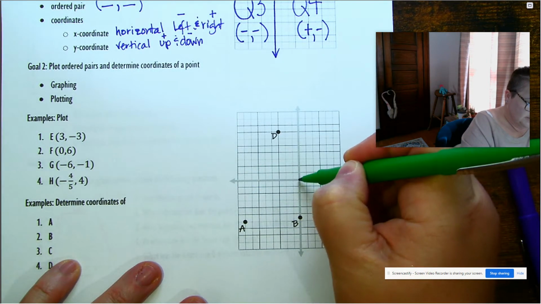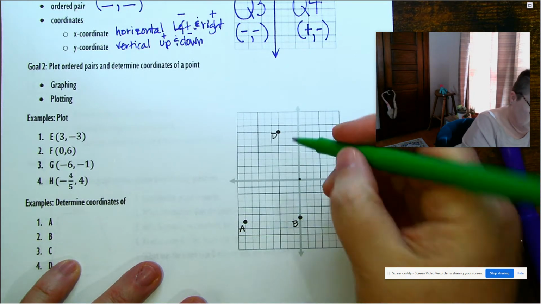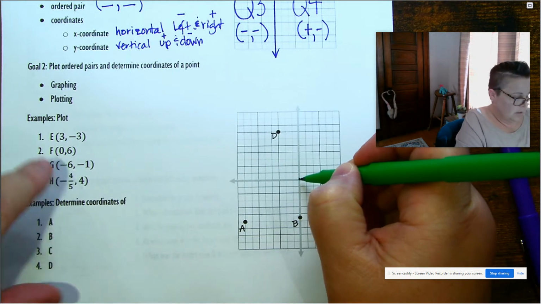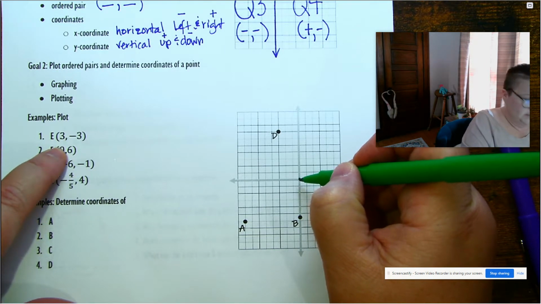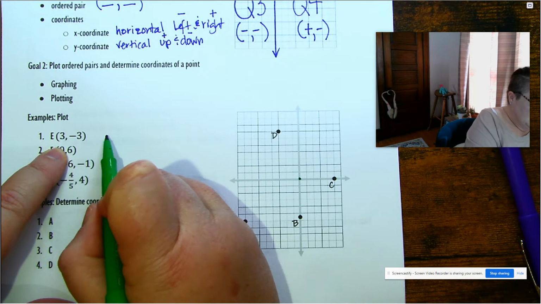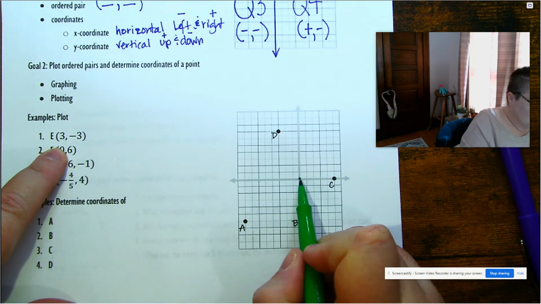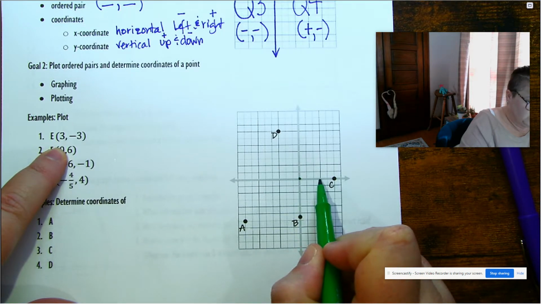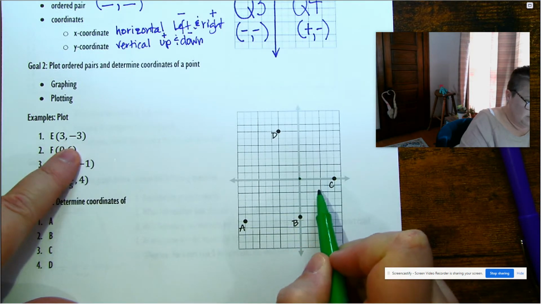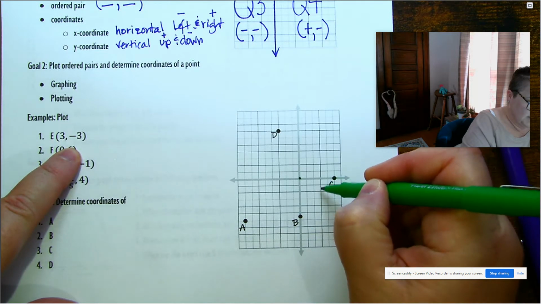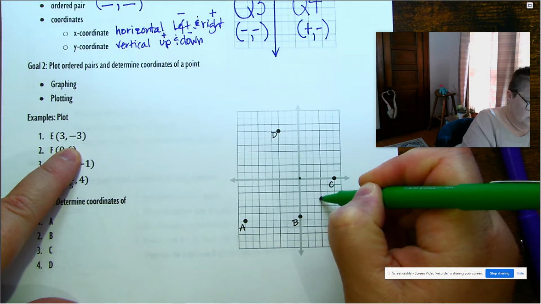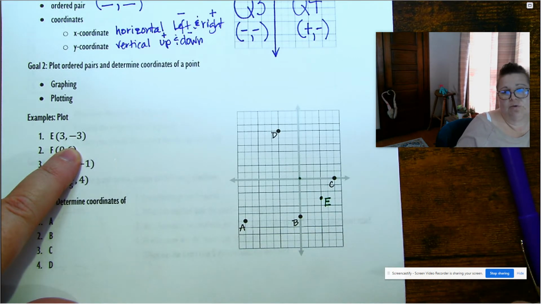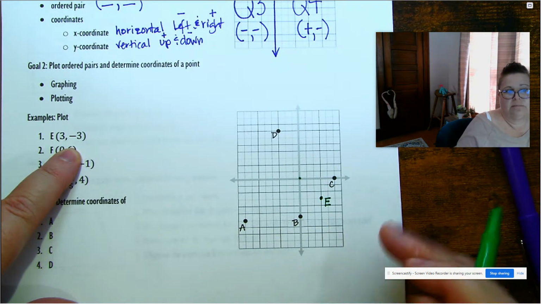Their intersection, the point 0, 0, or the origin is your starting point. So from this point, this 3, -3 tells us we're going to move 3 places positive. So we're going to move 3 places to the right and then 3 places down. The second one is negative. So this is where the point goes, and we're going to label it with the letter it's given. This is point E at 3, -3.